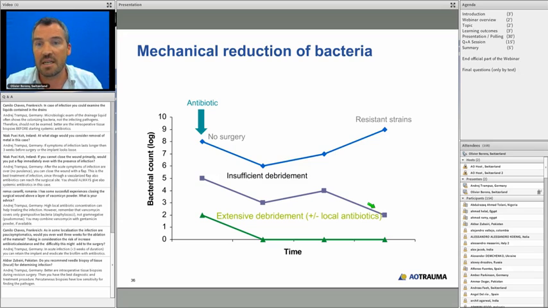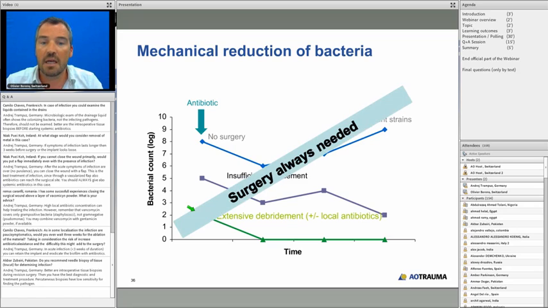So if we want to get completely rid of the infection, we need an extensive debridement, often combined with systemic and local antibiotics, in order to eradicate the infection. So surgery is always needed, and if we only do suppressive antibiotics, we are not going to get rid of the infection.